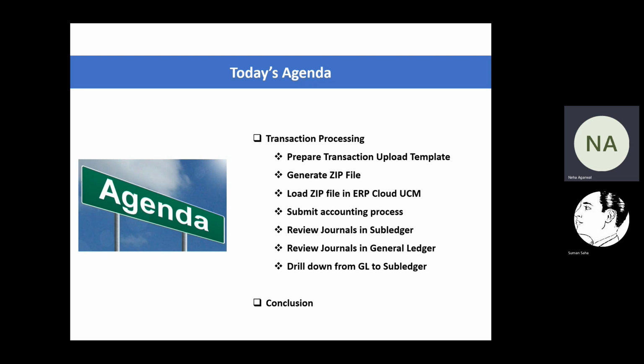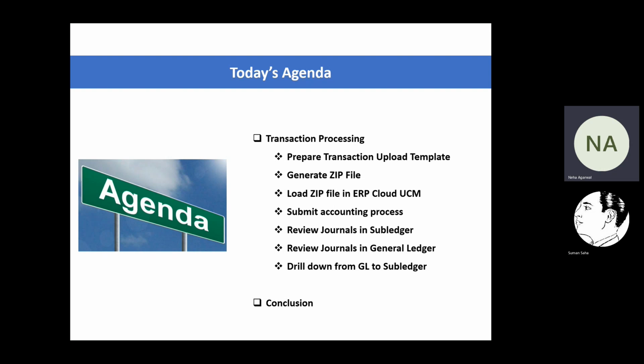After that, we have downloaded our template. So today we will prepare the downloaded transaction template, and we will populate the data in there. And then we will generate the zip file. After that, we will load the zip file into the UCM, and then we will be submitting the accounting process.